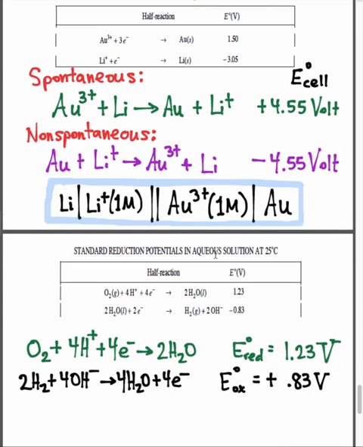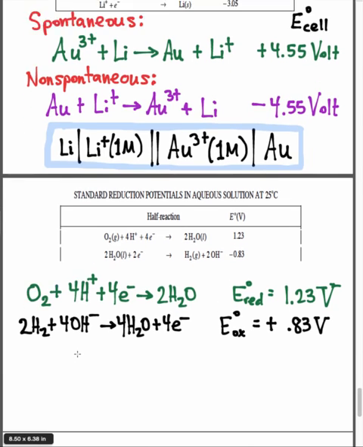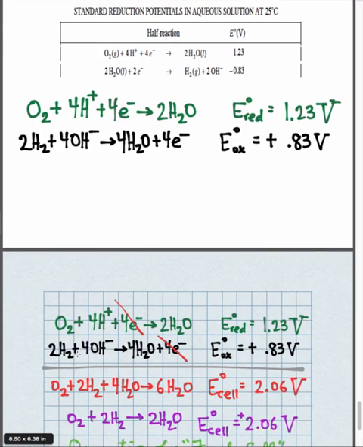It also works with water if you want to be picky about it, to say that this one could be in combination with this one, but this one would have to be turned backwards because this is less positive than this one. And when I do that, I turn this one backwards, change it from negative 0.83 to positive 0.83, and I'm gaining 4 electrons here and losing 4 electrons here, and I can, did I write out the full equation? I think I did.